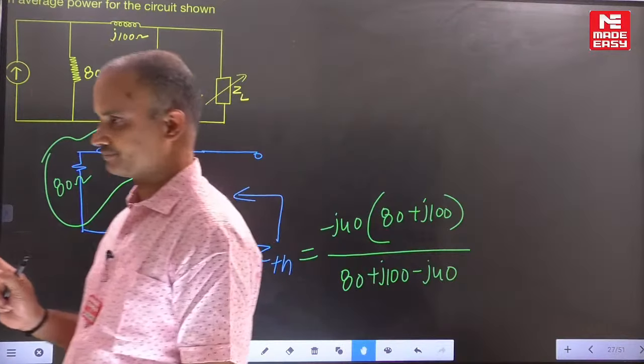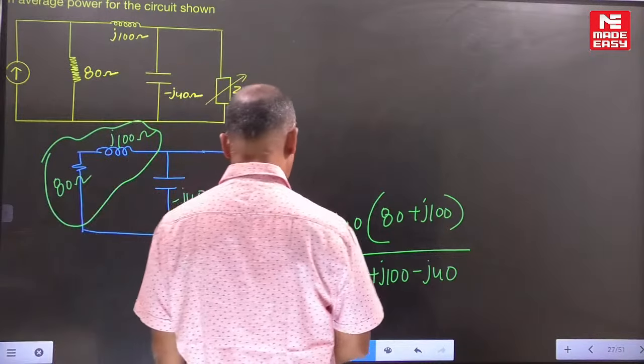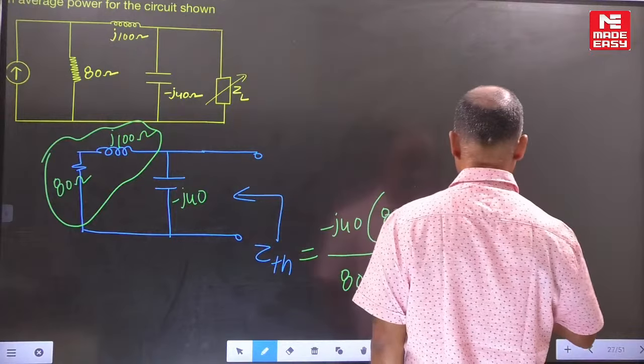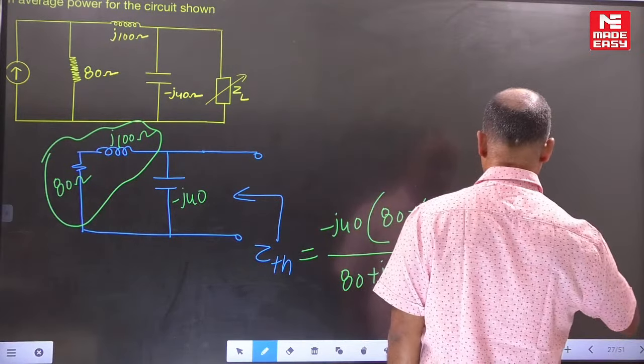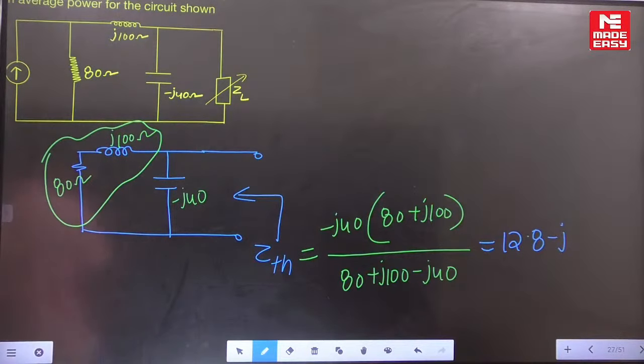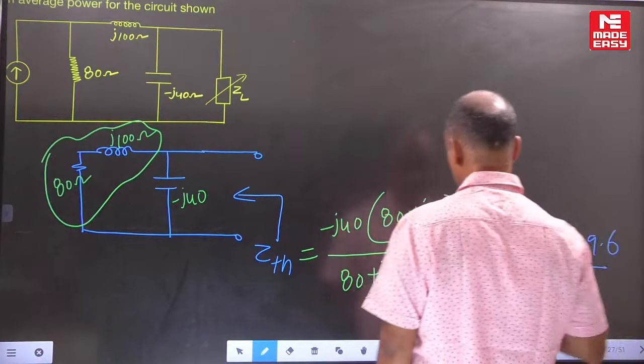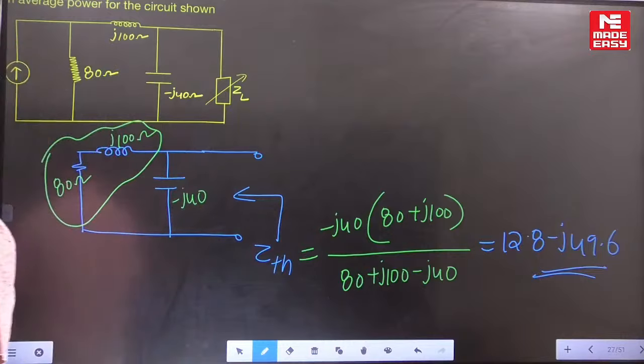Shall I give the answer? Somebody is saying 12.8 minus j49.6. Check, is it correct? Does anybody confirm the Z Thevenin's?